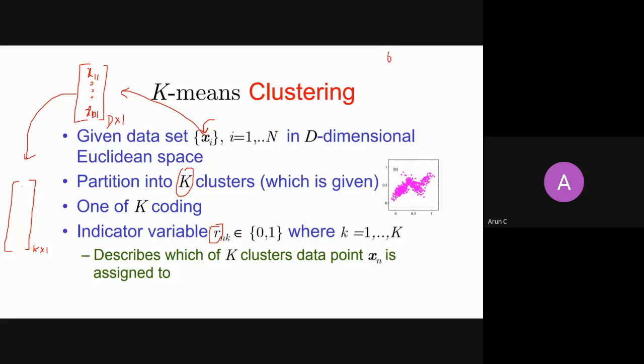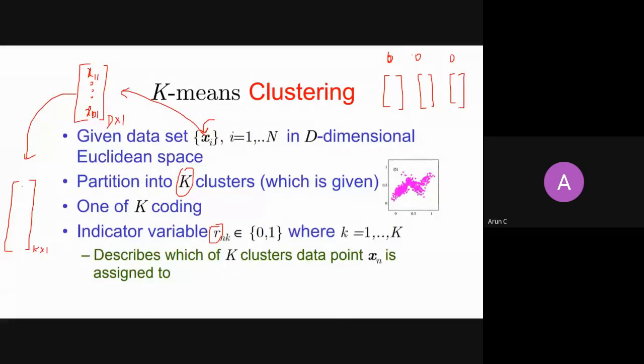So let's say I have 3 samples in my data set: sample 1, sample 2, sample 3. For every sample I construct this R vector. This is the R vector for the first sample, this is the R vector for the second sample, this is the R vector for the third sample.